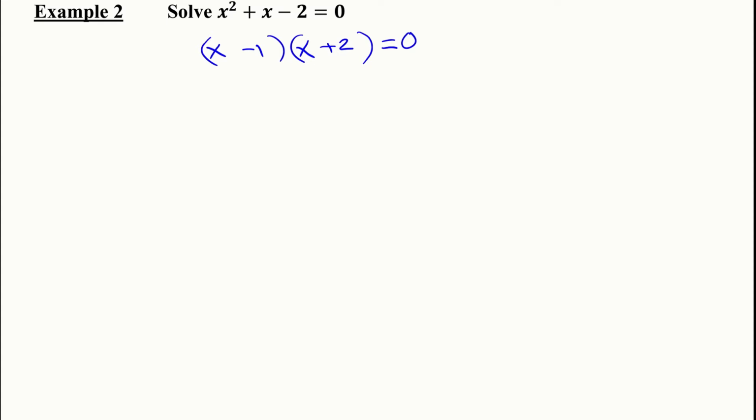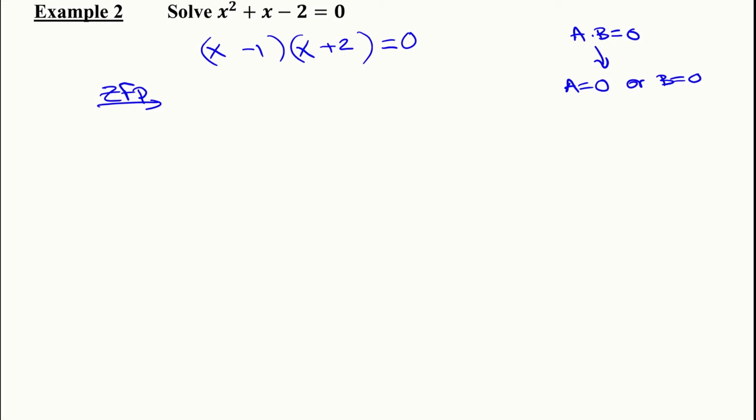Now we go ahead and apply the so-called zero factor property, which basically says if a times b is equal to 0, that implies that either a is 0 or b is 0. And of course, when we say or in mathematics in that sense, we say it in an inclusive sense, meaning this or that or both.